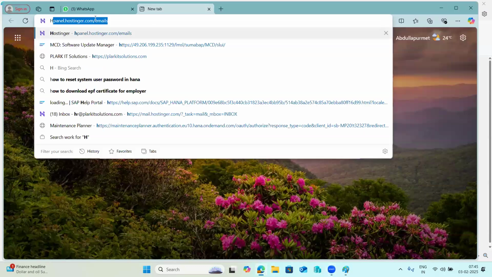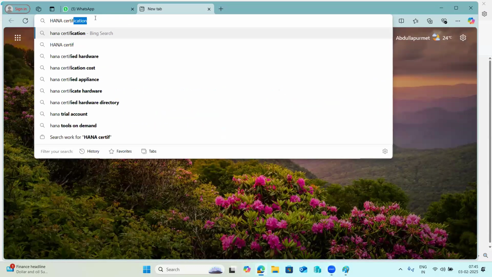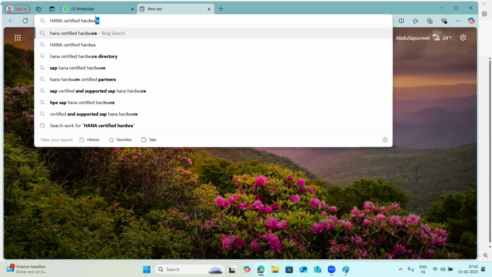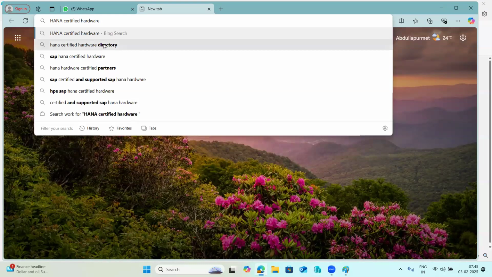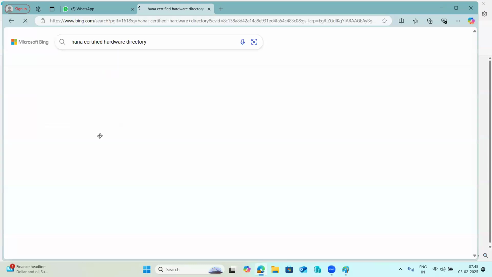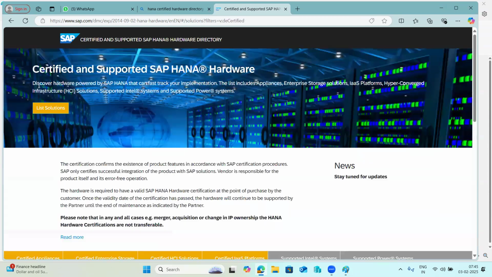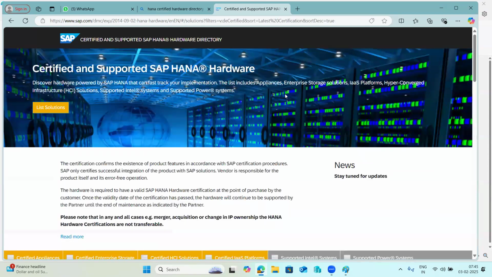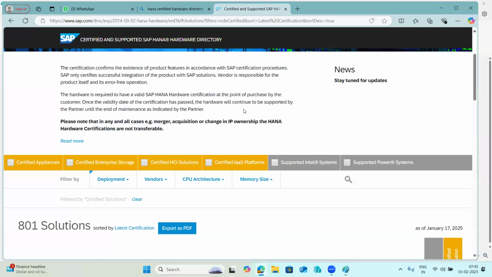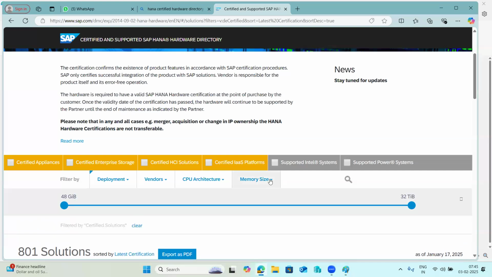Let me see. If we go to the HANA certified hardware vendors, you will get the list. There you can find out how much memory the certified hardware vendors provide. We can install the HANA database only on certified hardware vendors, not your own favorite vendor. The certified vendors will provide some RAM sizes here.